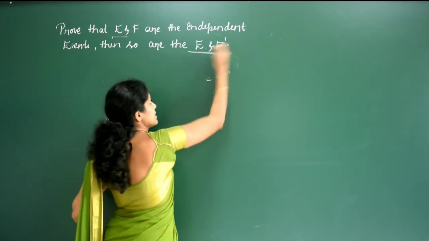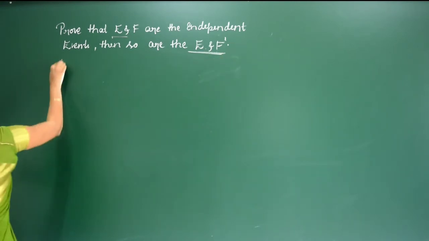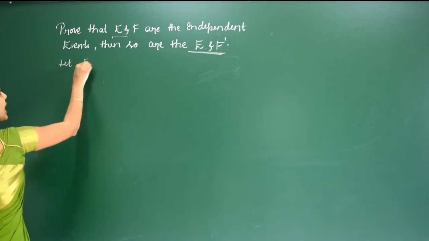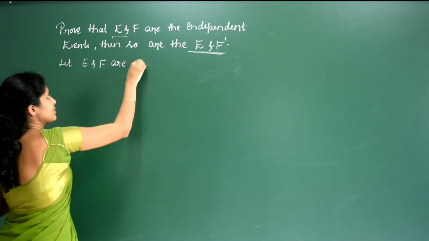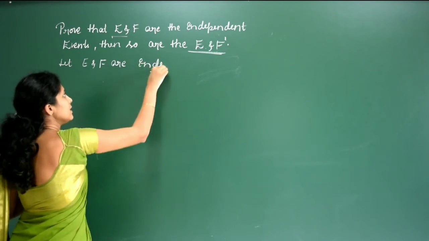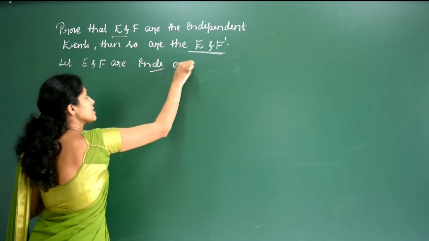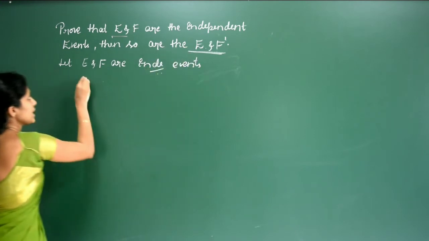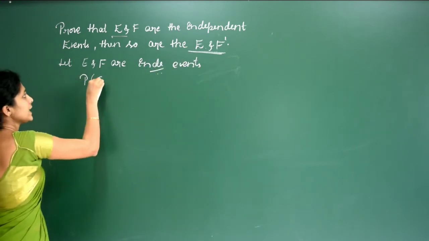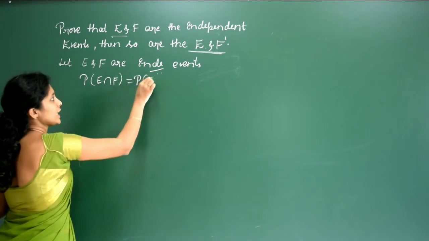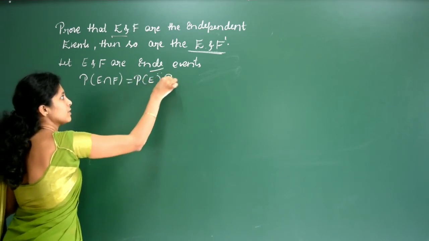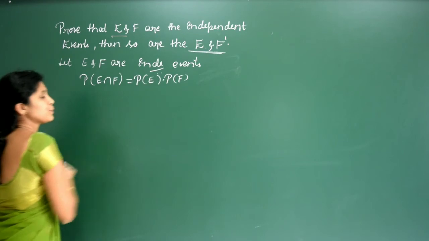Okay. Let us consider what is given. Let E and F be independent events. Since they are independent, what can we write? P of E intersection F should be equal to P of E into P of F. Right? And what do you have to prove?